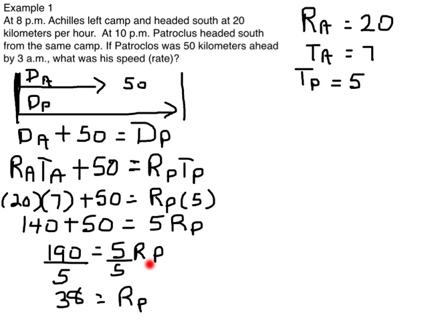And then to get RP isolated, we divide both sides by 5. When we do that, we find that Patroclus' rate is 38 kilometers per hour. So you've got Achilles going at 20 kilometers per hour, and Patroclus almost double that at 38 kilometers per hour.